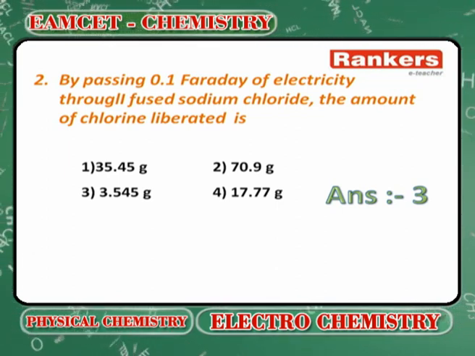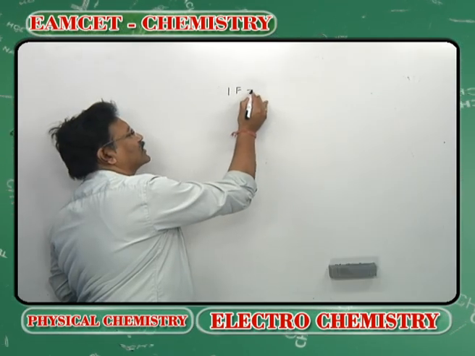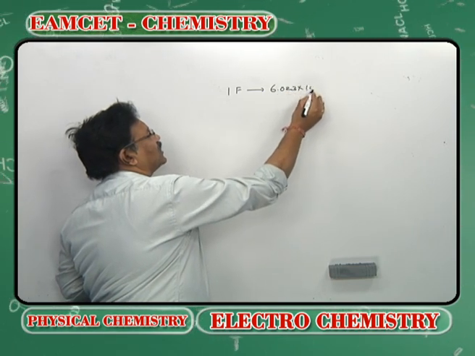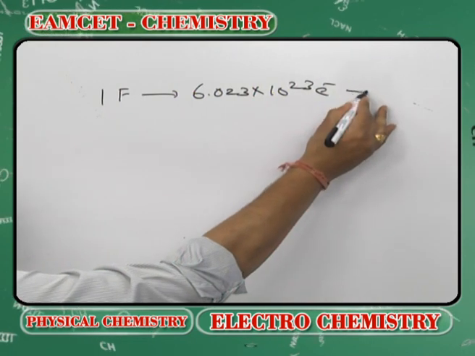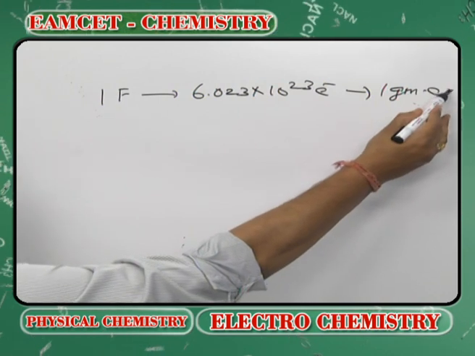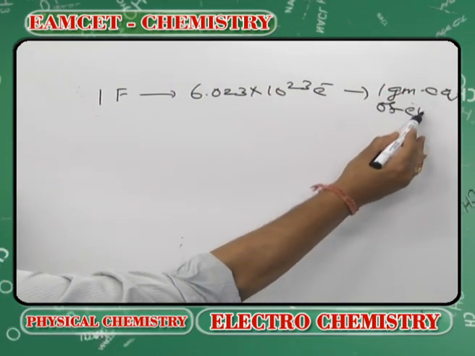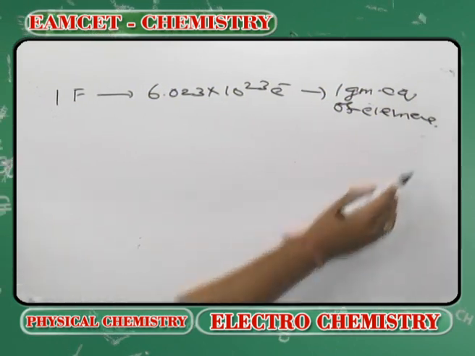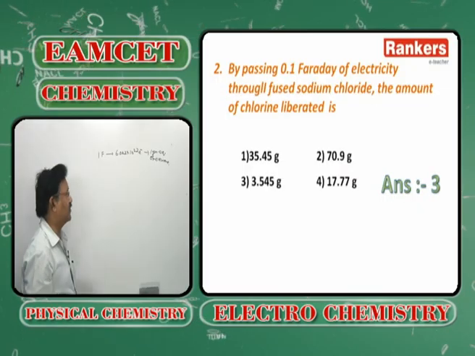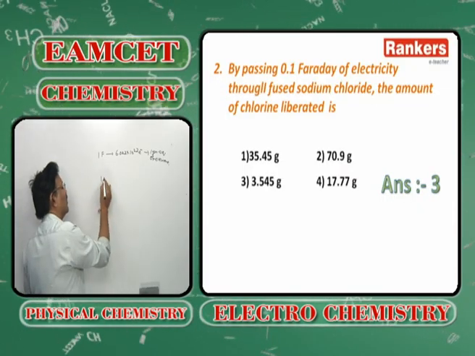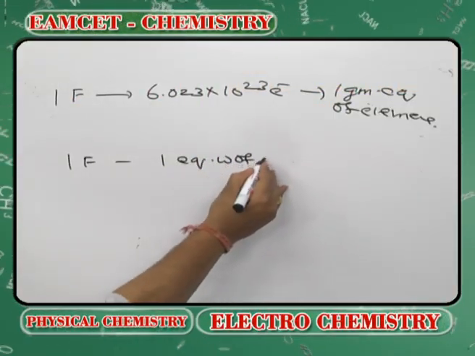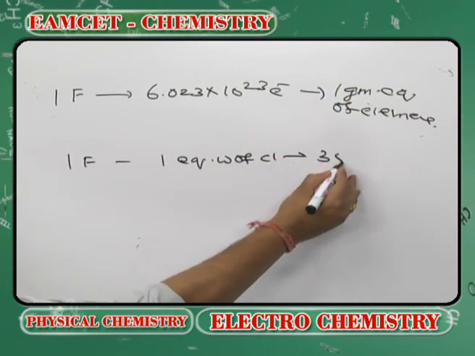Now what is the important point to be remembered? 1 farad of electricity, equivalent to 6.023 into 10 to the power 23 electrons, can liberate 1 gram equivalent weight of an element or of the compound, as the case may be. Now here how much of the current is passed? 1 farad is equivalent to 1 gram equivalent weight of the chlorine, which is equal to 35.5.